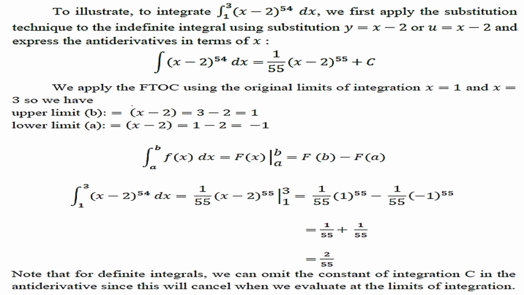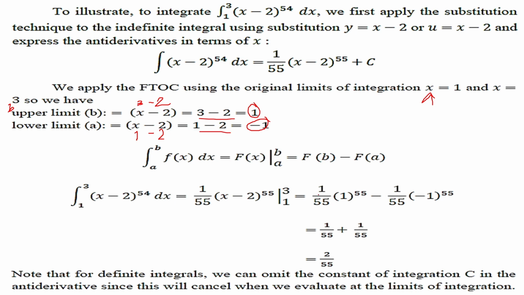So our b is 3, and this is our a. x minus 2 should be 3 minus 2, so therefore our answer is 1. In here, it is 1 minus 2, it's negative 1. Okay, this one. Next.